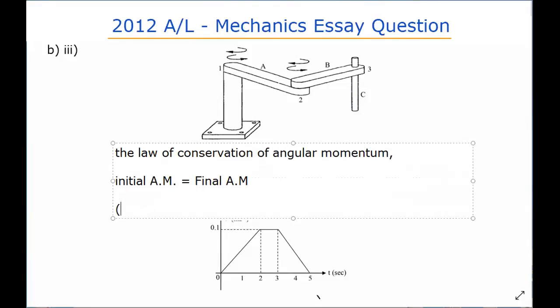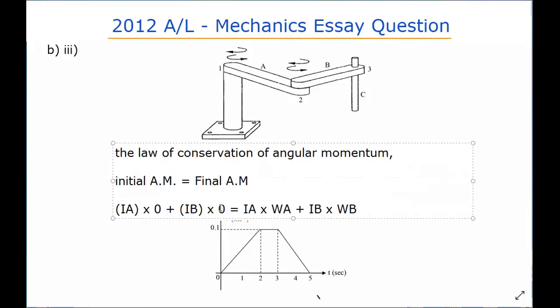Initial total angular momentum means moment of inertia of segment A into its initial velocity, which was rest, plus moment of inertia of segment B into its initial velocity, which was rest. Now moment of inertia of A into angular velocity of A should be equal to moment of inertia of B into angular velocity of B.